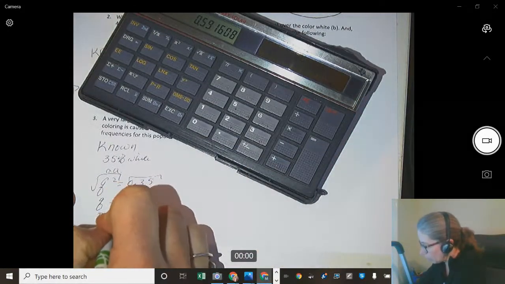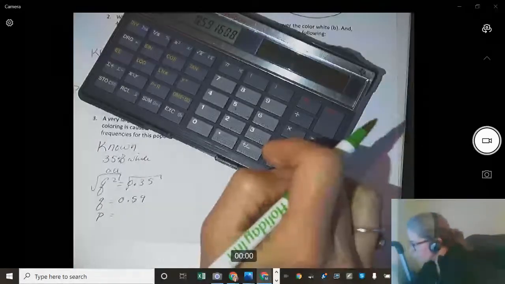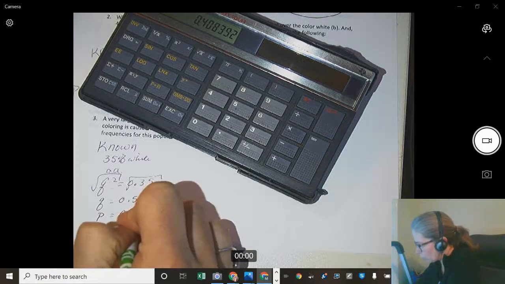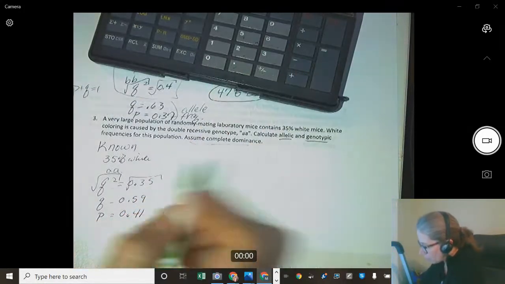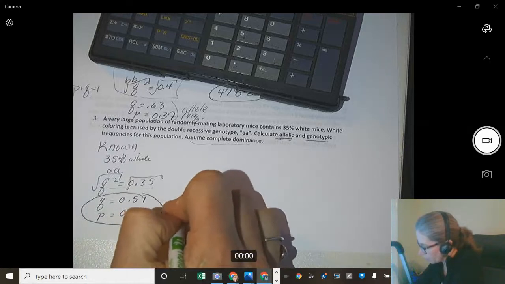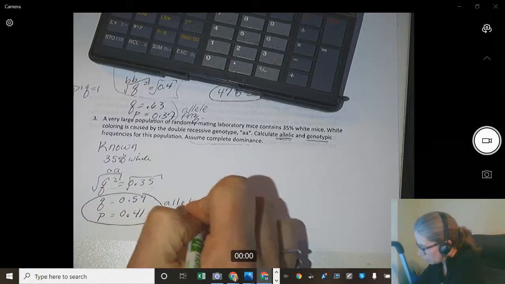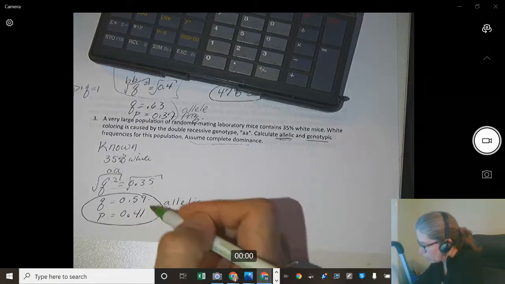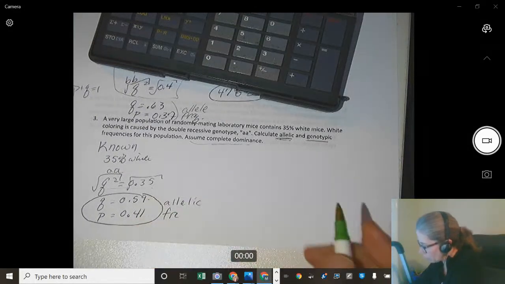And I know P because P plus Q is 1, so P is 0.41. This is one of the first things it asks for, the allelic frequency: the frequency of the recessive allele and the frequency of the dominant allele. So you can see that the recessive allele is actually more common.